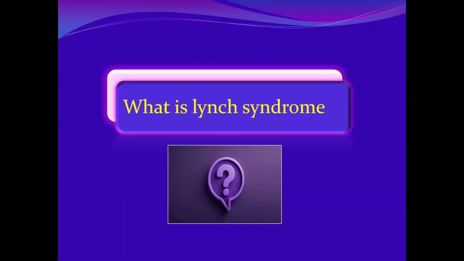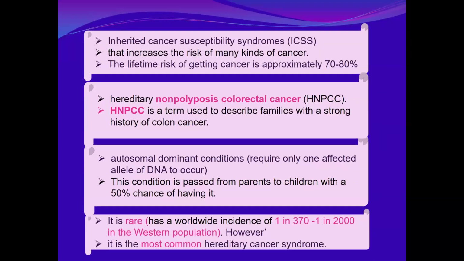So, what is Lynch syndrome? Lynch syndrome is also known as hereditary non-polyposis colorectal cancer, or HNPCC. It is a genetic condition that predisposes not only to colorectal cancer, but also to a variety of other malignancies, with a lifetime risk of getting cancer of approximately 70 to 80%.